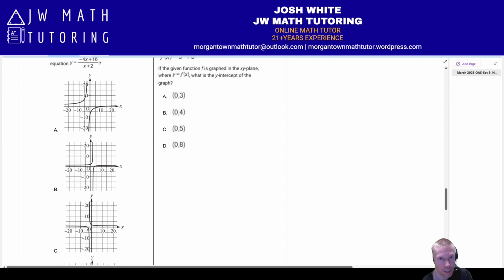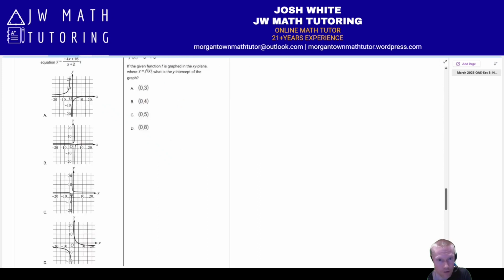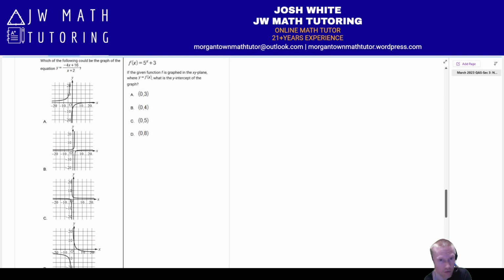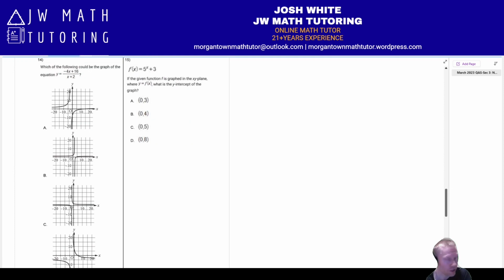Now, number 14, I'll have to zoom out here so we can see all of the possible answer choices. You have a rational function, and they want to know which could be the graph of it. So, a couple things to keep in mind here. First of all, there's going to be a vertical asymptote at -2 because we set the denominator equal to 0 and solve.